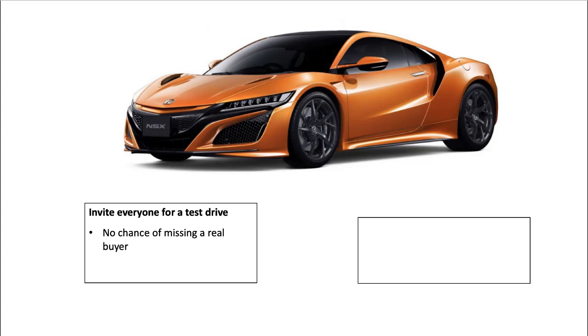You've invited everybody, so you'll catch that buyer as well. So you don't miss them. But of course, that comes at a steep price, because in order to get that one buyer, you have to process, let's say, 25, 30, 50, or even 100 non-buyers. And there's a cost associated with doing that. You have a lot of profit that you will earn from getting a buyer, but that profit is going to come at the cost of dealing with a lot of non-buyers.